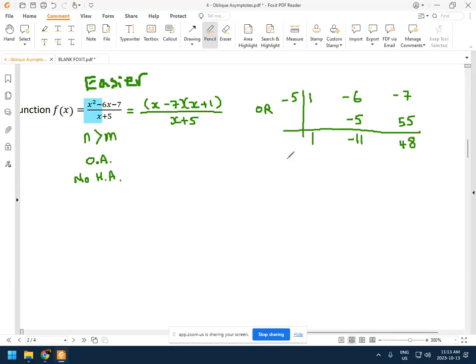There it is. That means f of x, if I divide by x plus 5, I get myself 1x minus 11 plus 48 over x plus 5.